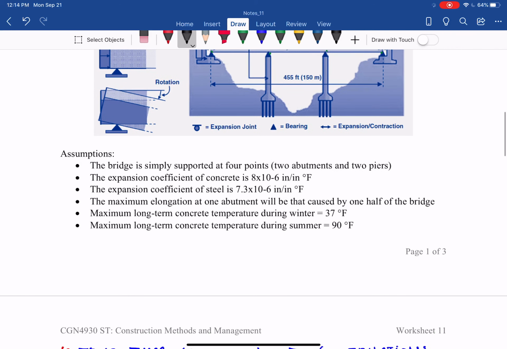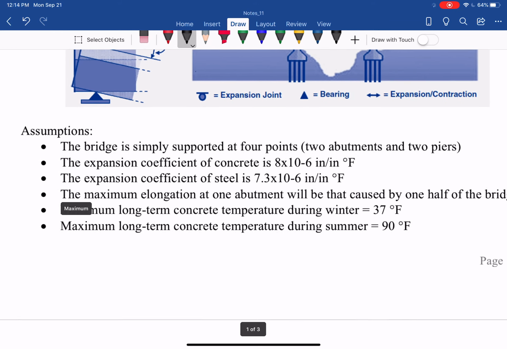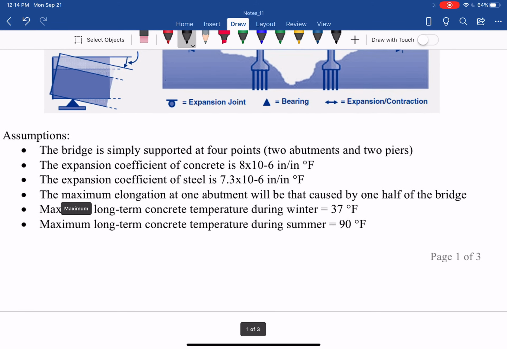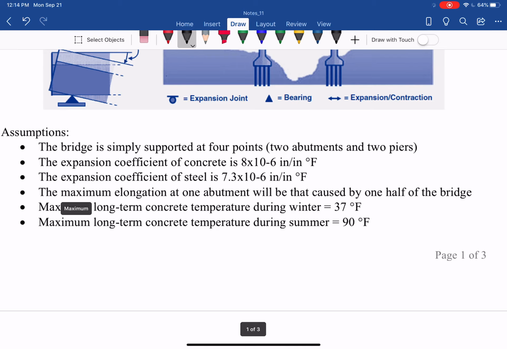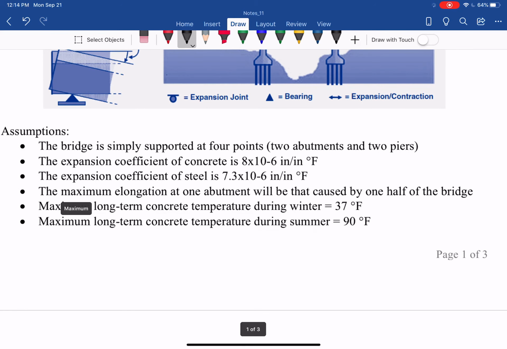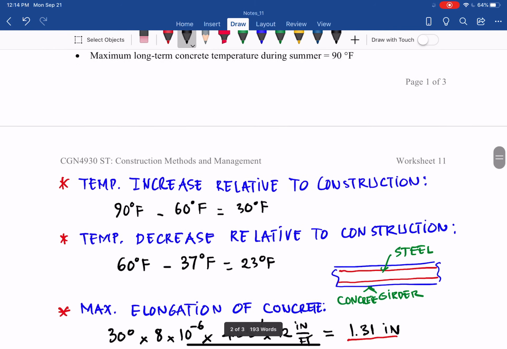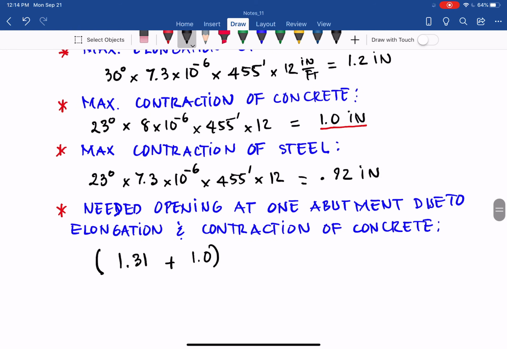But due to the assumption that you can see here, bullet point number 4, the maximum elongation at one abutment will be that caused by 1/2 of the bridge. So we have to divide by 2 for one side, so that we'll have the opening at one side.